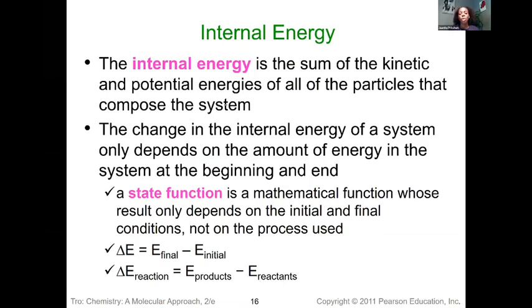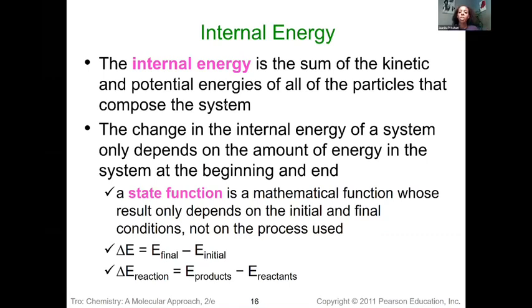The way that we're going to be measuring and monitoring energy in this chapter is something known as internal energy. The internal energy is the sum of the kinetic and potential energies of all the particles that compose the system. The change in the internal energy of a system only depends on the amount of energy in the system at the beginning and at the end. So this is considered to be what's called a state function.